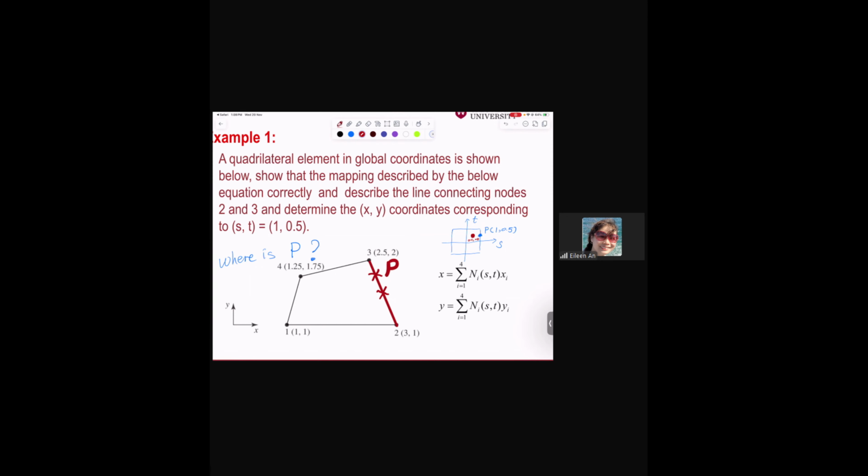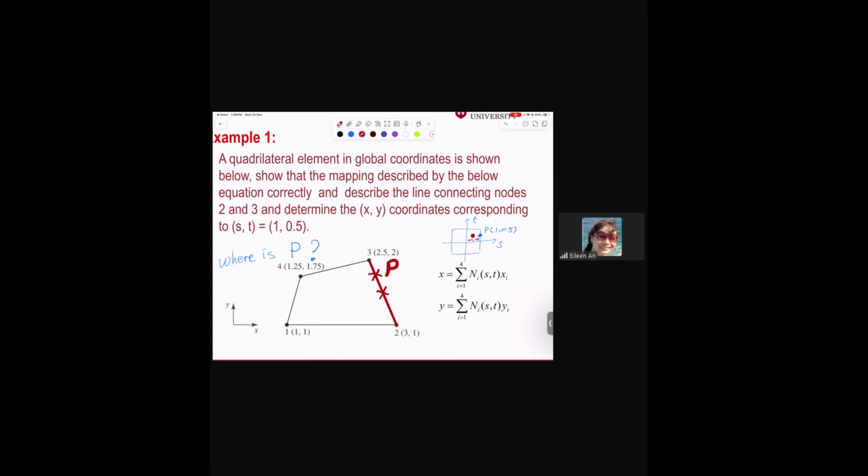It's very hard to guess this time, right? So if we have point P here, somehow we can guess it's here, and then we do some calculation, we know where P is. But I have another point, the red point Q. We know it is inside this element, but where exactly is it? It's very hard to guess, right?